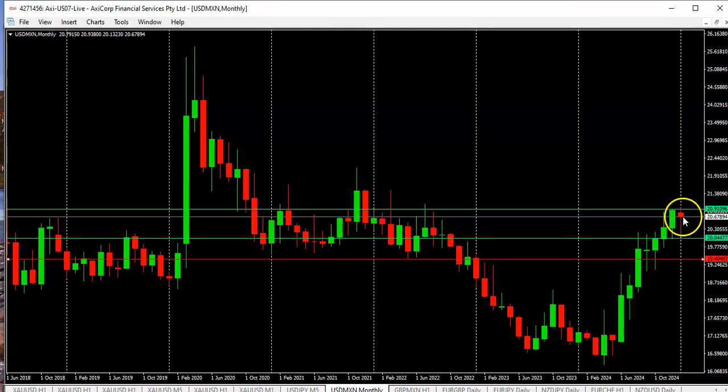We're almost at the end of January, and this is almost looking like an indecision candle. But it is more so, if this was a pin bar, it would be in reverse. It's like a hammer pattern right here. So you have a strong bullish push to the upside, and then you have this candle.